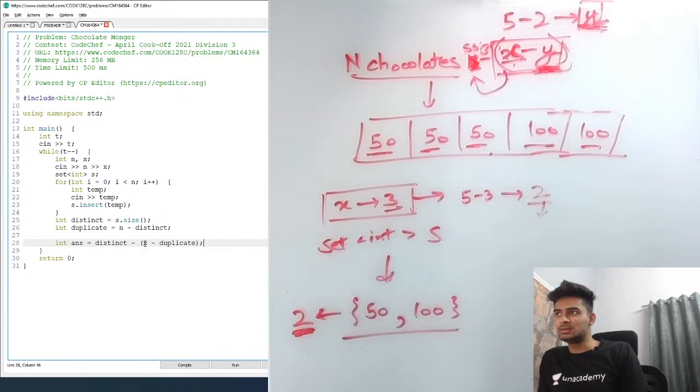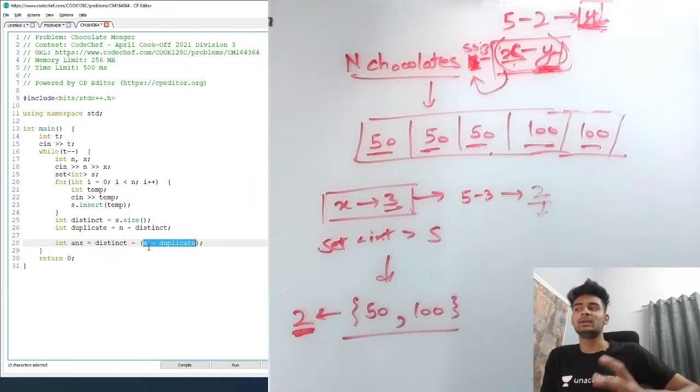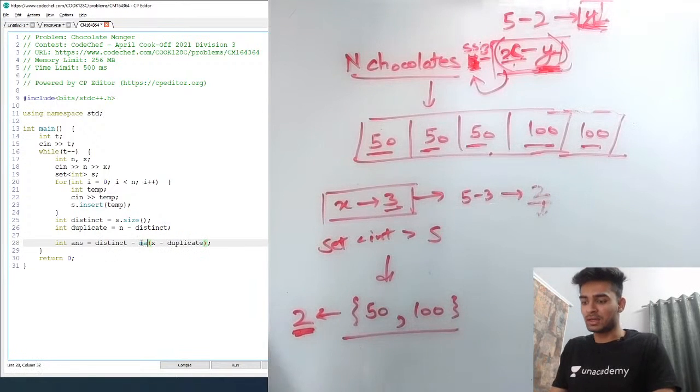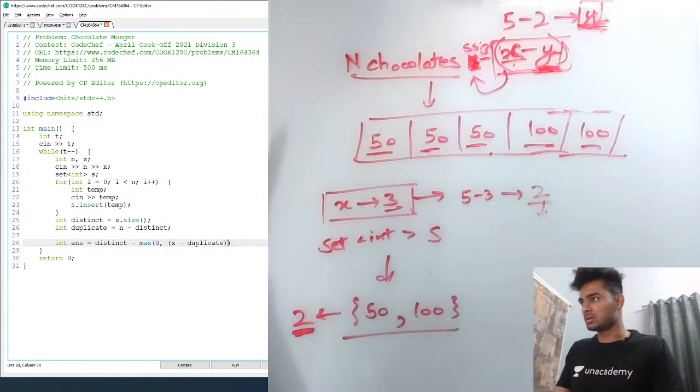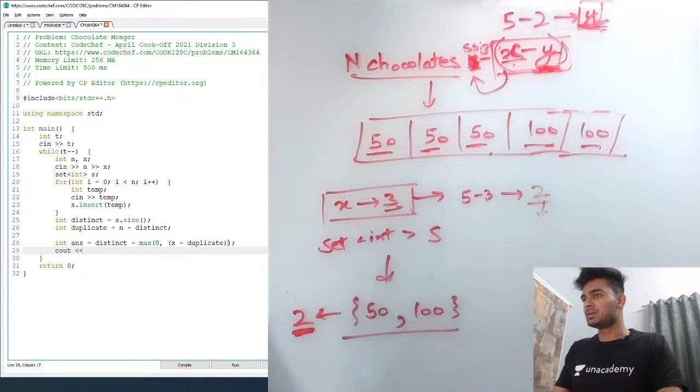What if this x is less than this duplicate? Then this will have a negative value, and this negative and negative will become a positive value and will add into the distinct, and that is not possible. Therefore we'll have to take a maximum here with 0, so that we do not fall into that condition. And now, okay, we just print this.